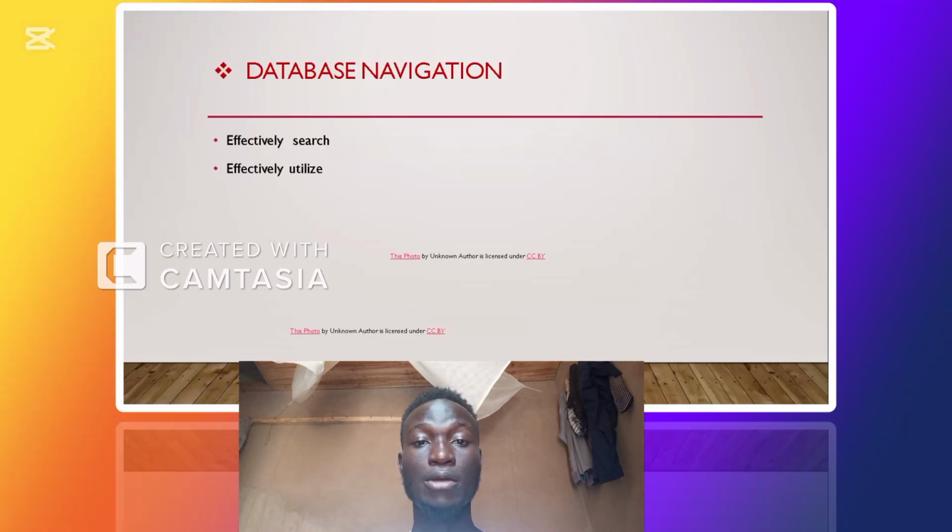The next one we are going to look at is database navigation. Under database navigation, we're going to talk about effective search, and effectively utilizing the search which you've done.